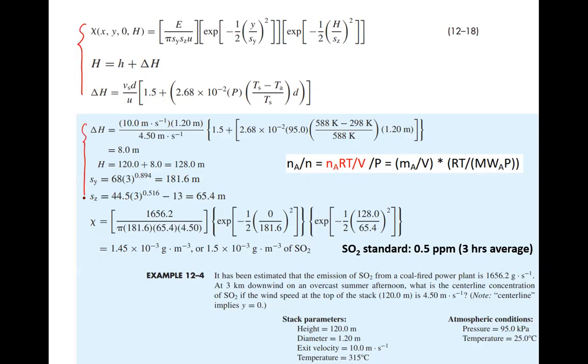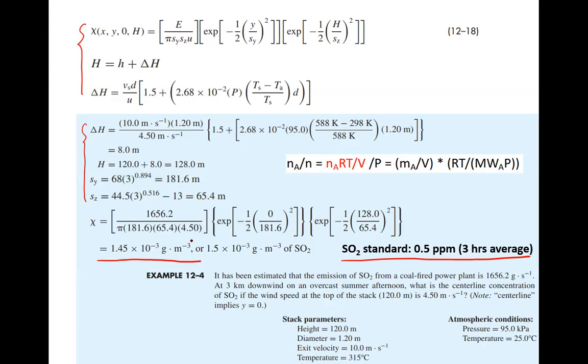We plug in these values and find that for this stack, if you're looking at 3 kilometers downwind of this pollution source, the concentration of sulfur dioxide is 1.45 times 10 to the negative 3 grams per cubic meter. Okay. So how does it compare to the EPA standard? The EPA standard says that the criterion to tell whether it's polluted or not is 0.5 ppm as a 3-hour average, right?